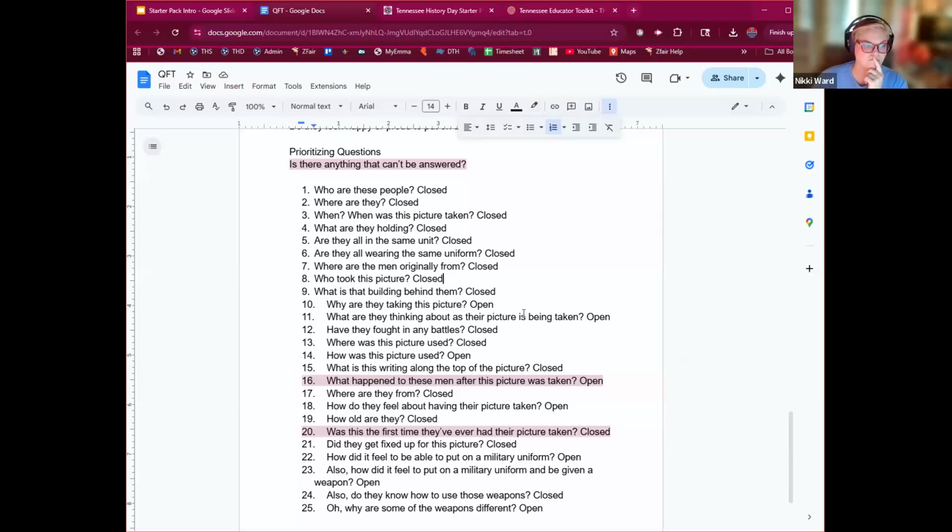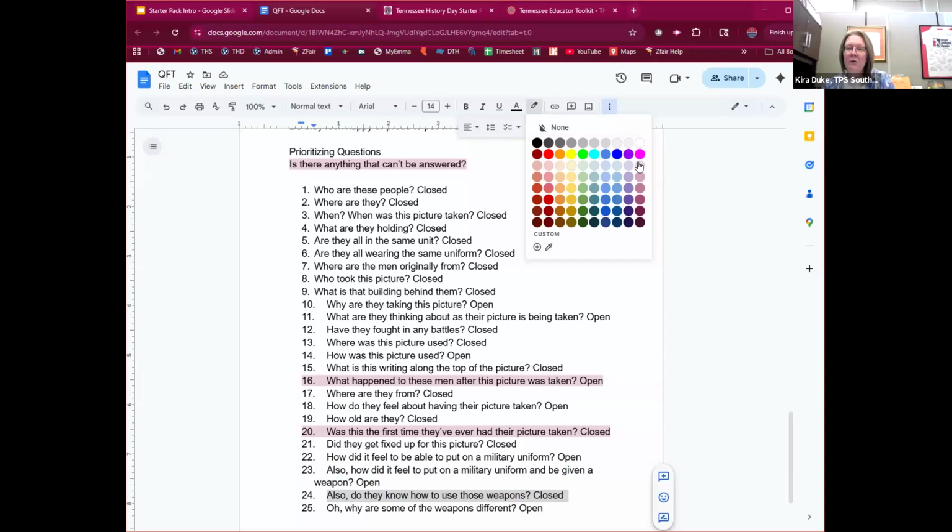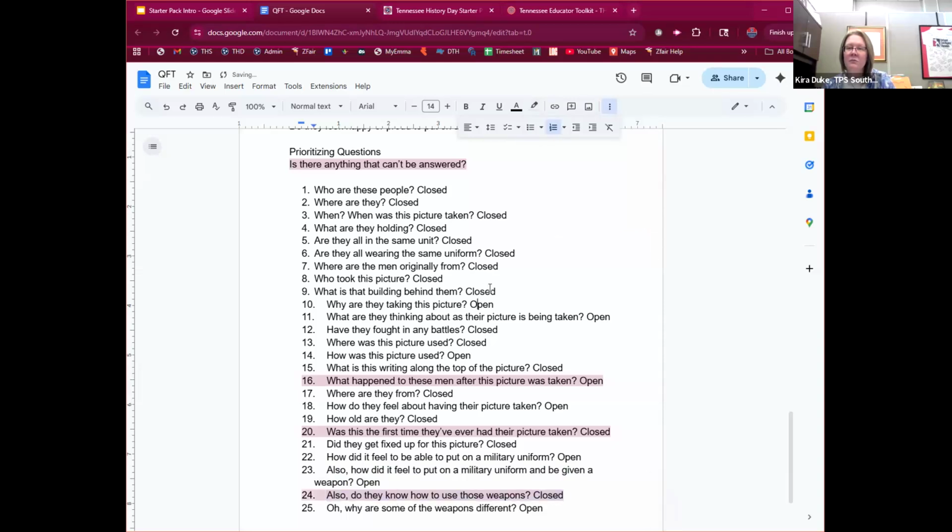So do you think number 23 and 24 then are things that potentially can't be answered? I think 24 would be more challenging. I think 23, you could at least tangentially answer that question through various primary source materials, which you could pull in, of USCT troops talking about what it meant to be a soldier, to fight for the Union, to fight for the country, fight for their freedom.